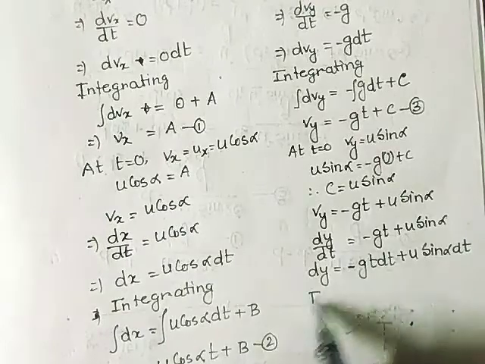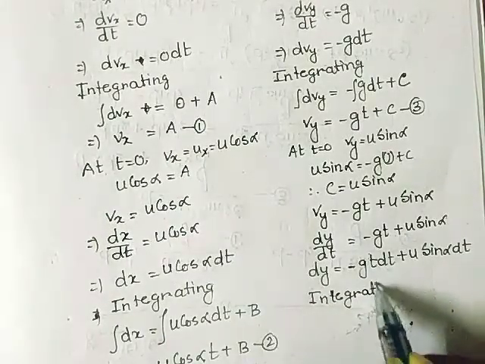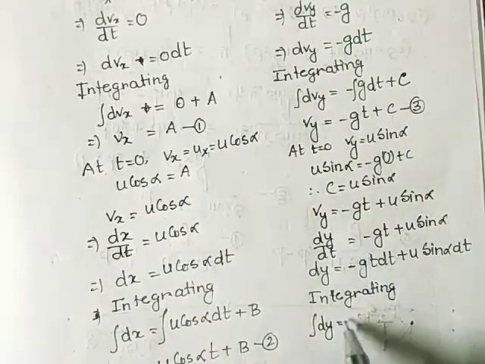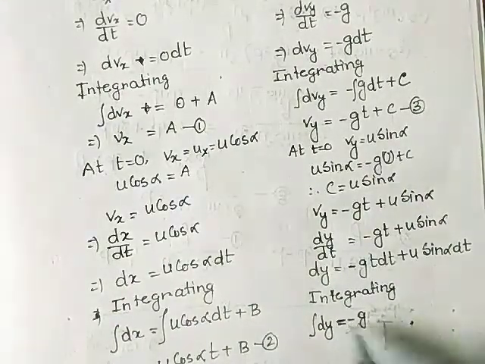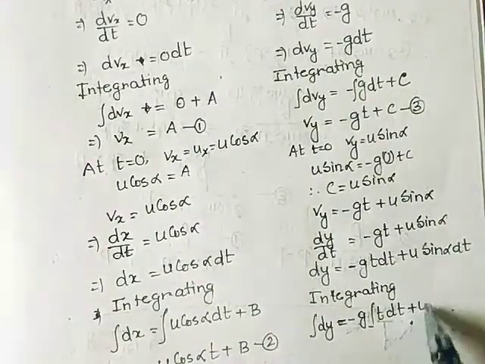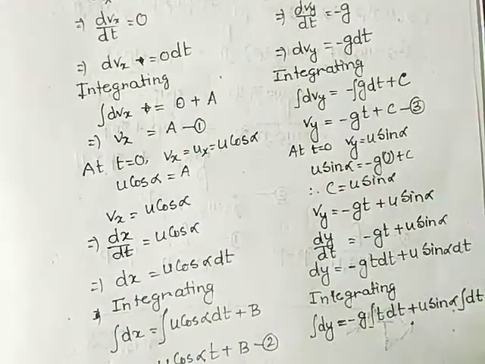So after integrating, what do we get? Dy, minus g is constant with respect to time, so it can be taken outside, it is t dt. U sin alpha is also constant, so it can be taken outside, it will be dt.